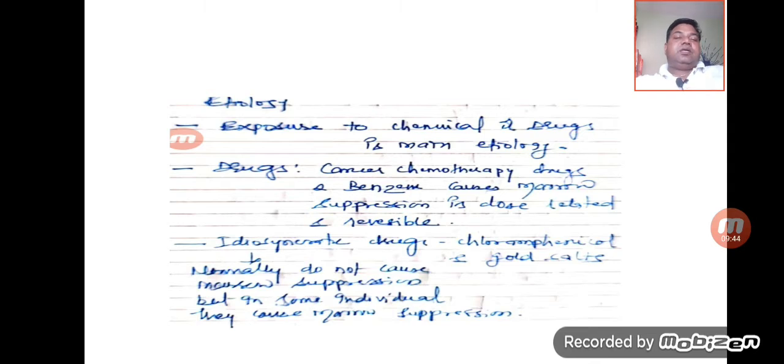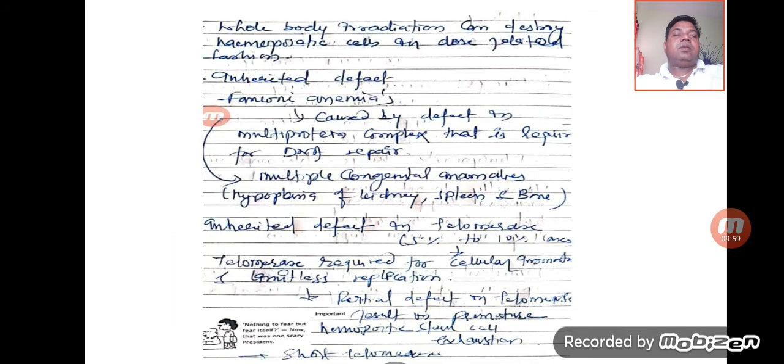Second is idiosyncratic, in which drugs such as chloramphenicol and gold salts normally do not cause marrow suppression, but in some individuals they can. As we have discussed, whole body irradiation, especially in CT scans, can also suppress the bone marrow in a dose related manner.